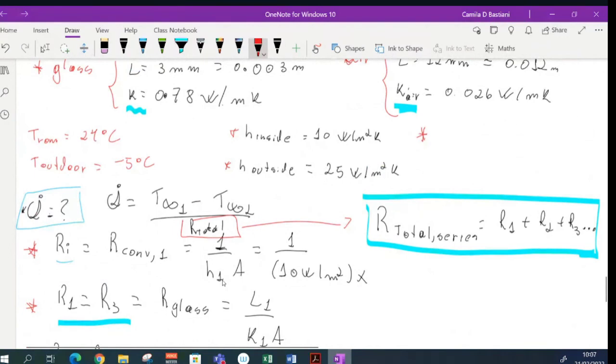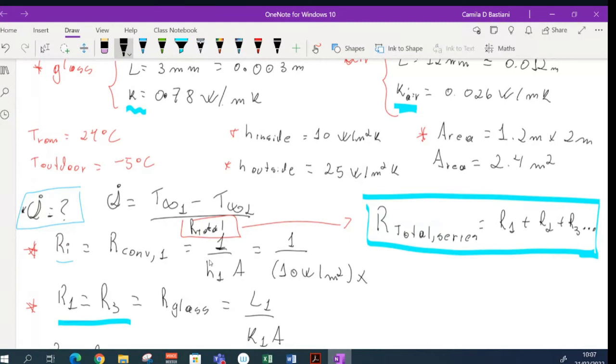I'm given the dimensions of the glass: 1.2 meters by 2 meters. So the area of my heat transfer through the glass window is 2.4 meters square.